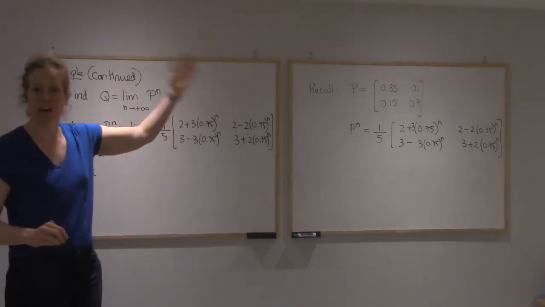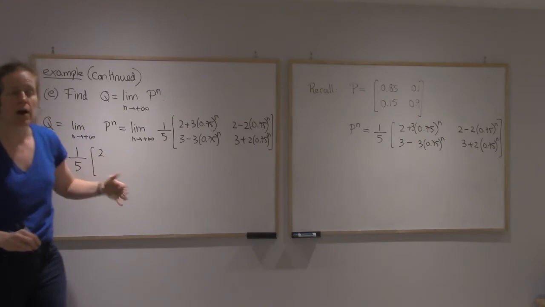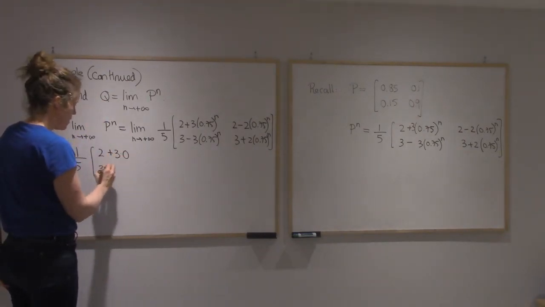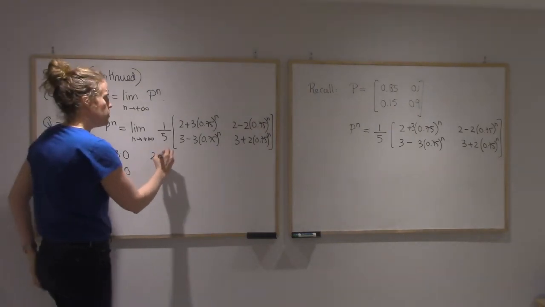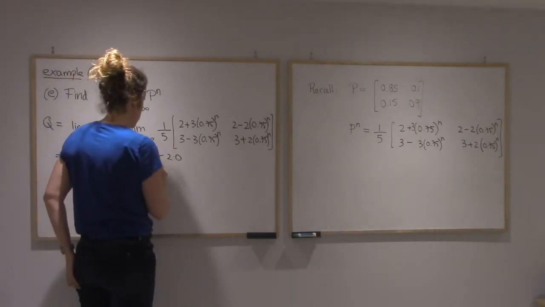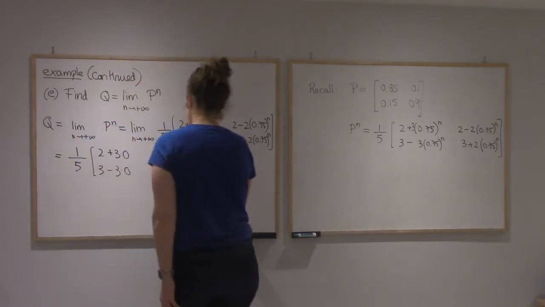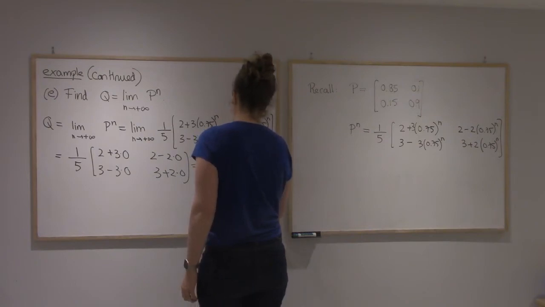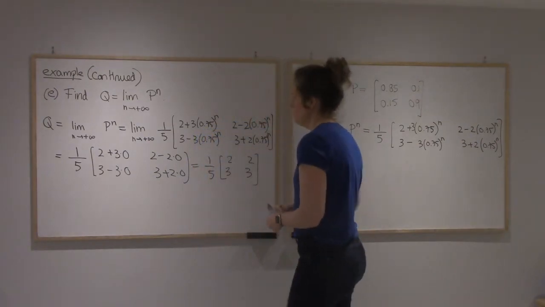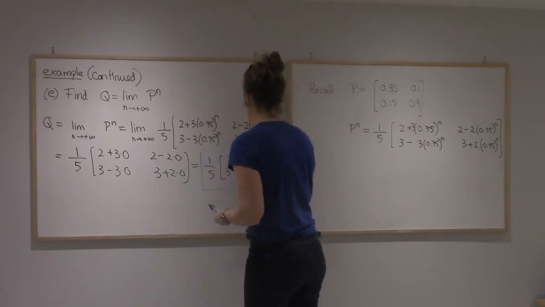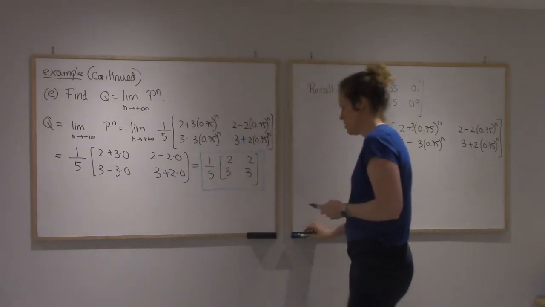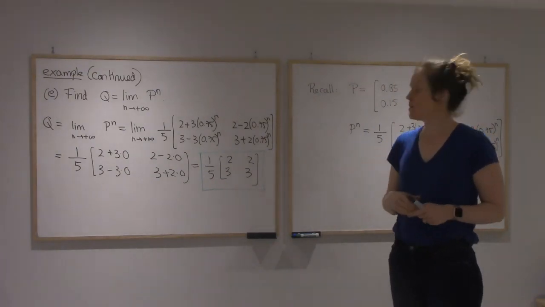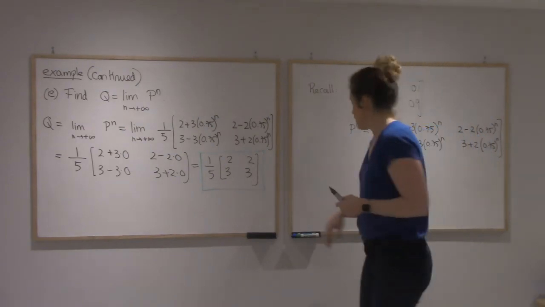As 0.75 is less than 1, if I raise it to a really high power, it will go to 0. So plus 3 times 0, 2 minus 2 times 0, 3 minus 3 times 0, 3 plus 2 times 0, and so I end up getting 2, 2, 3, 3. That's the limit as n goes to infinity of P to the n.